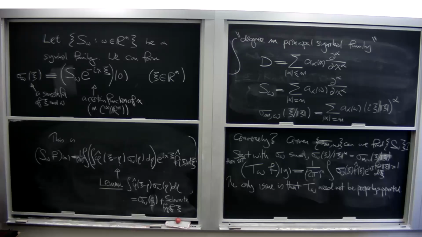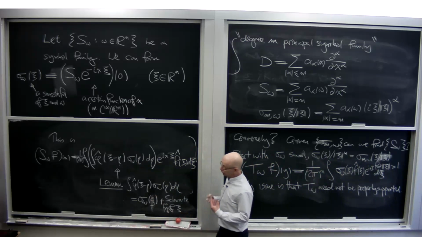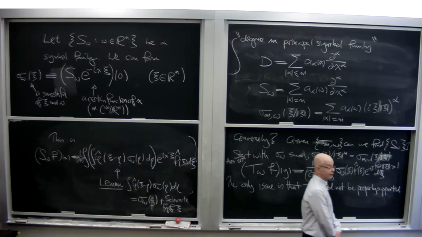So the big integral is just a re-manipulation, that's a word, of the former big integral, and it puts S in the same form that T was, except with a new symbol function, sigma prime. And the fact of the matter is that sigma prime minus sigma is a Schwartz function.